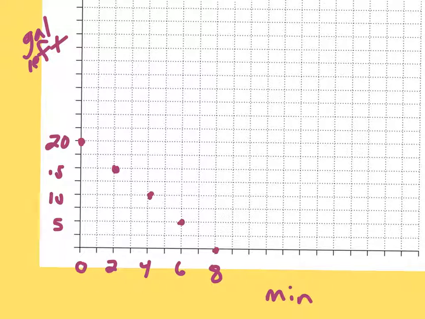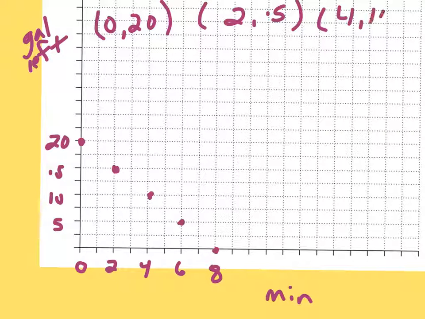So I should have the ordered pairs 0:20, 2:15, 4 and 10, 6 and 5, which I do, and 8 and 0. This graph is going down because we're draining the water, so the water level is going down.